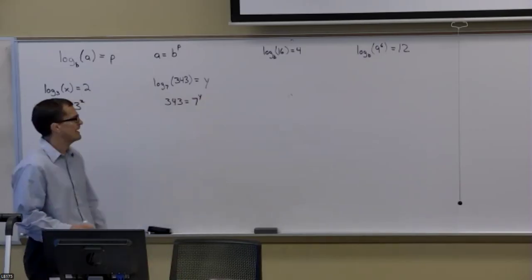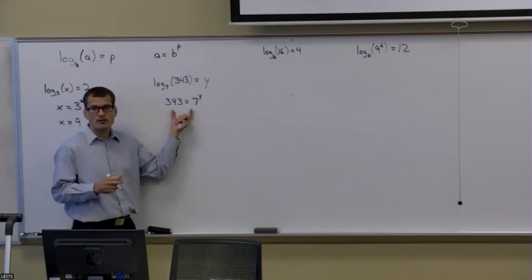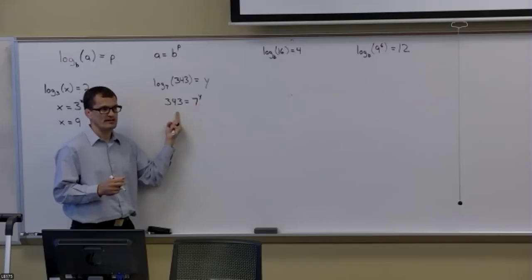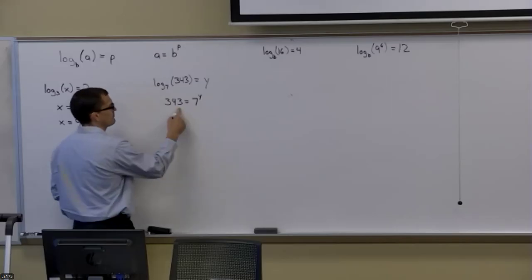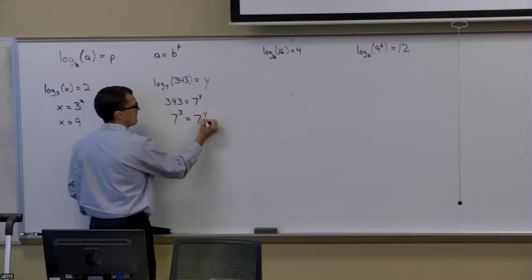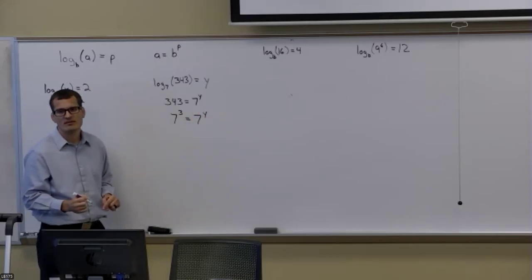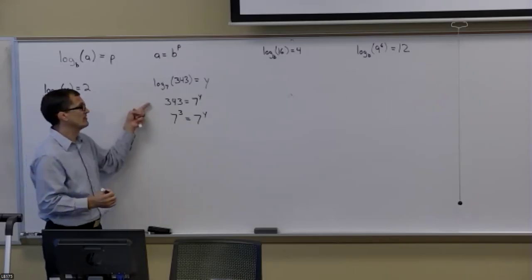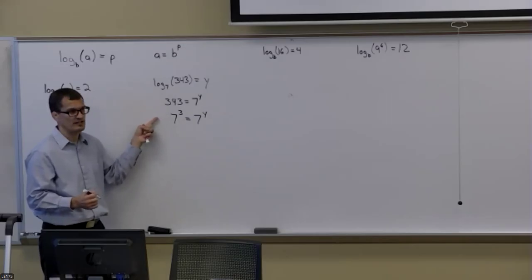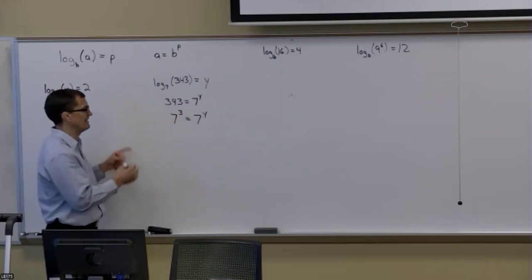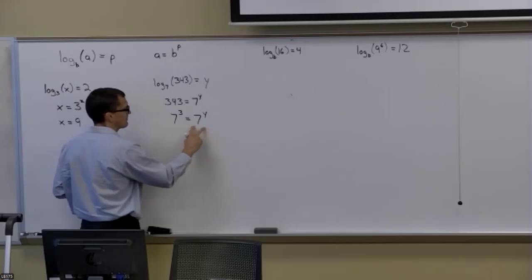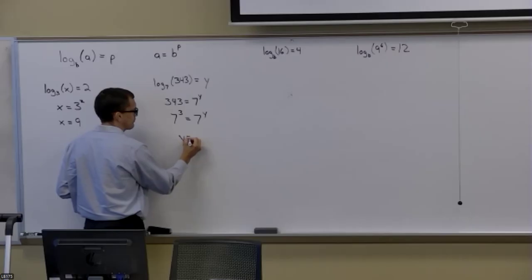Now, in this particular case, it works out nicely because 7 raised to a whole number is 343. If you don't know, 343 is 7 raised to the third power. Now we're going to get things where we don't have this nice connection. We'll have to see what's going on in those cases later. But in this case, it turned out really nice. And therefore, the exponents have to be equal, and y has to be equal to 3.